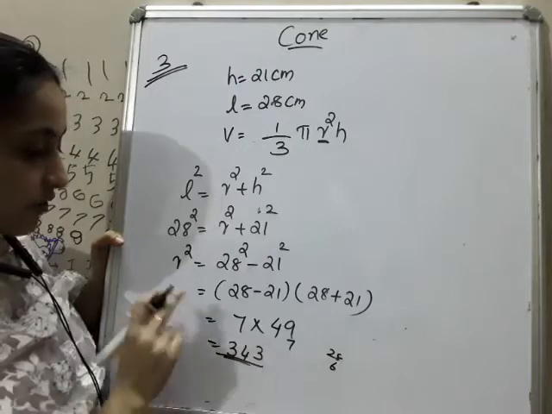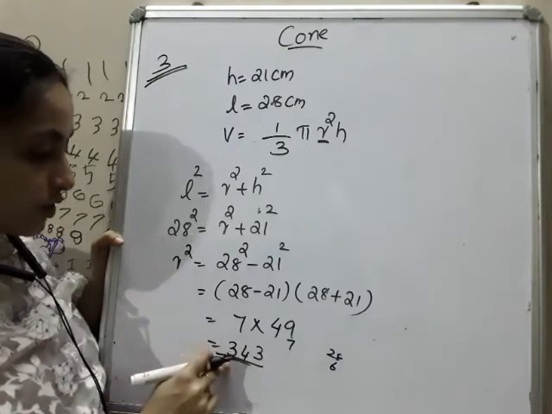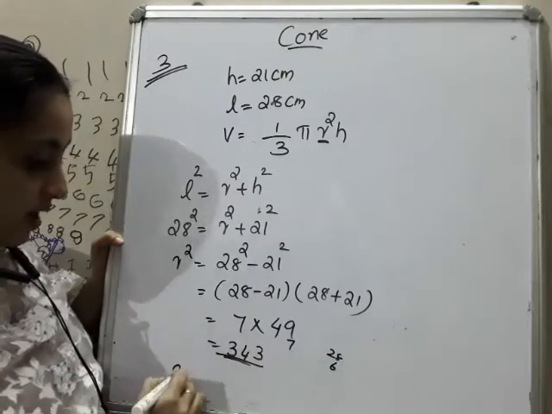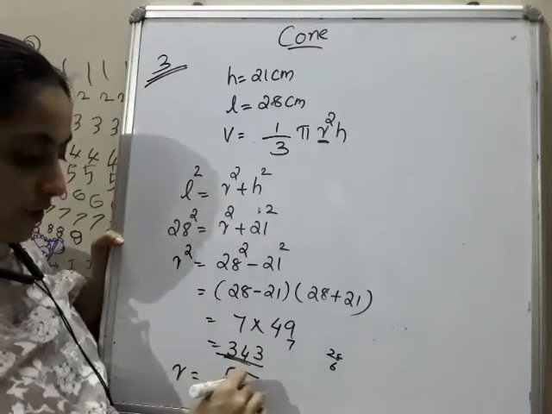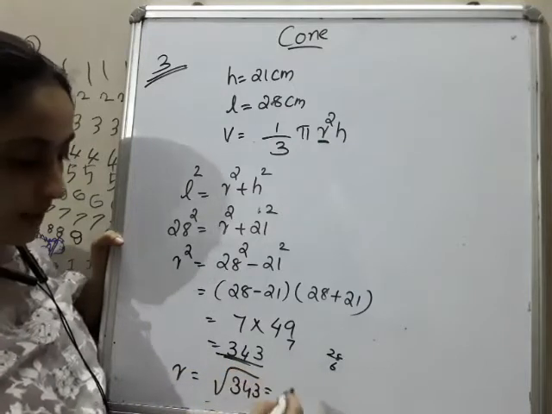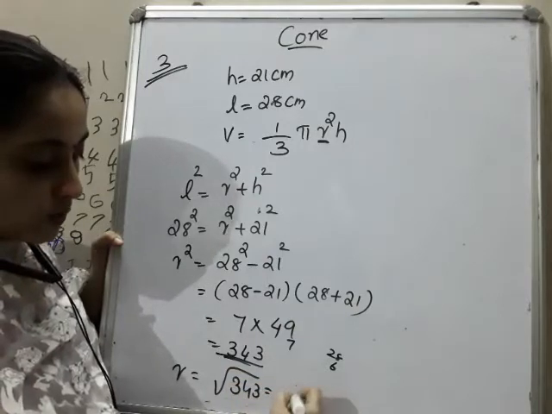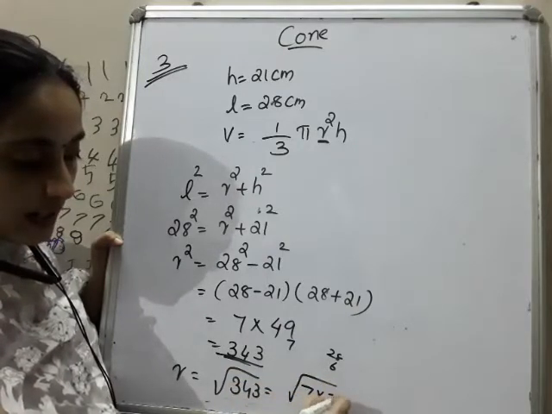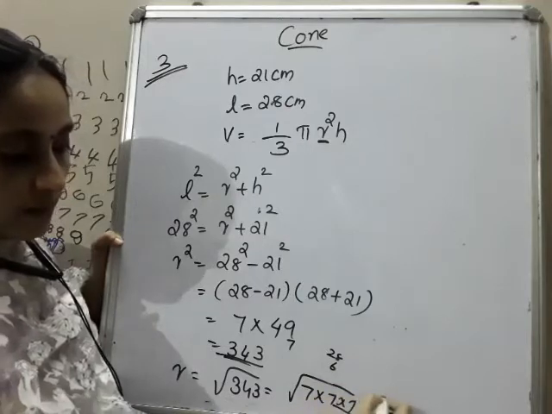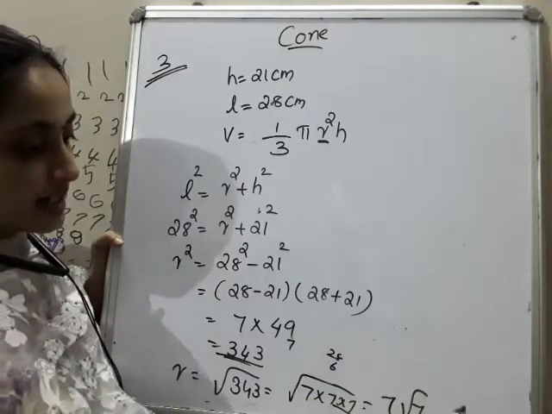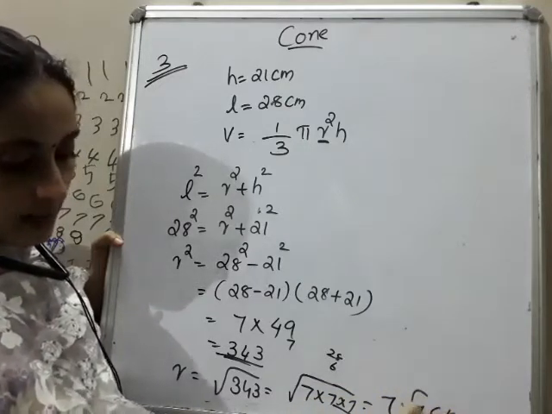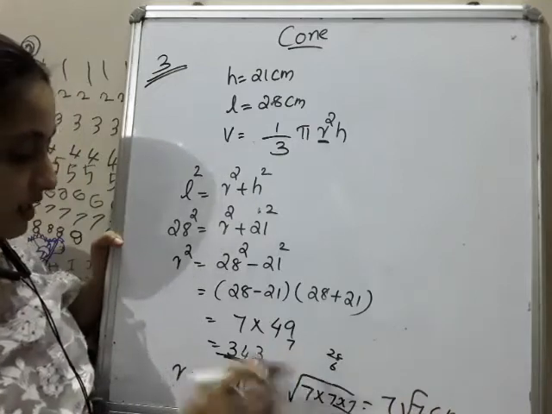This much is enough because we are finding the cube root. So r will be equal to root of 343. 343 is 7 cube, so you can write root of 7 into 7 into 7. From the three 7s you take one 7 outside. 7 root 7 centimeter, this is our r.